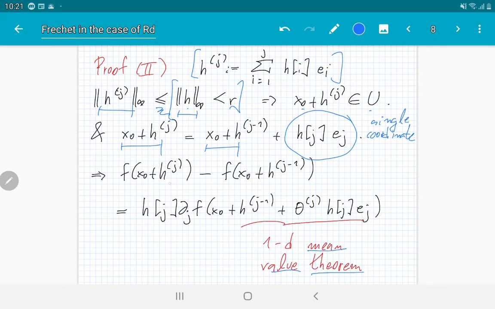The mean value theorem tells me that if I take a function of one real variable and I compute it at two points, a and b, then the difference f(b) minus f(a) is equal to the difference between b and a times the derivative at some point in the middle of the way. So this delta_j, the important thing is that it lies strictly between 0 and 1.